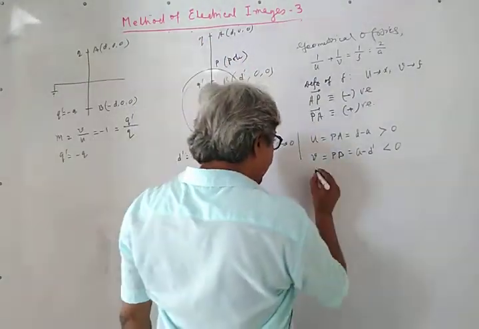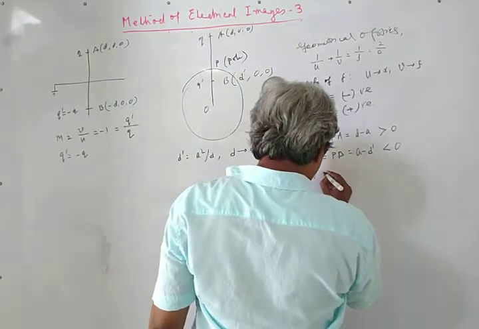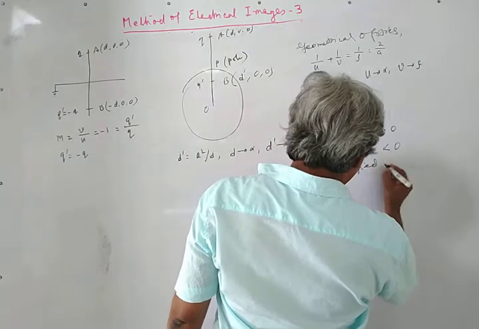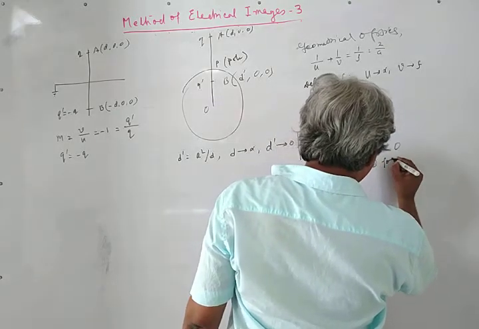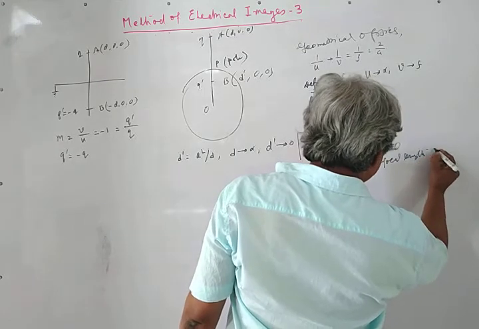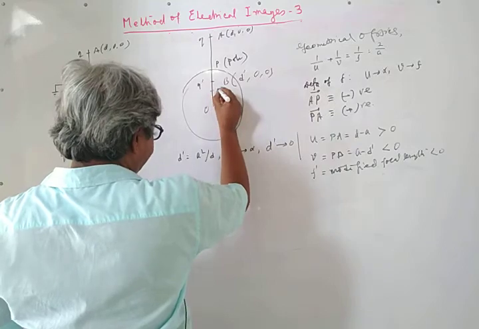And the focal length, we can assume that the modified focal length is F prime. This is negative because we are measuring focal length in this direction.